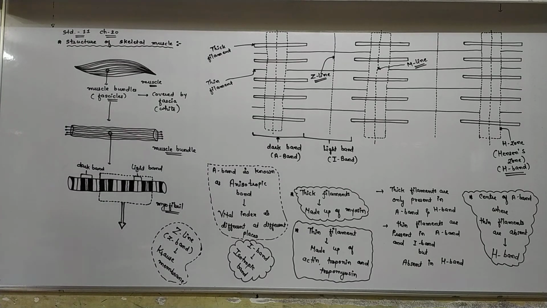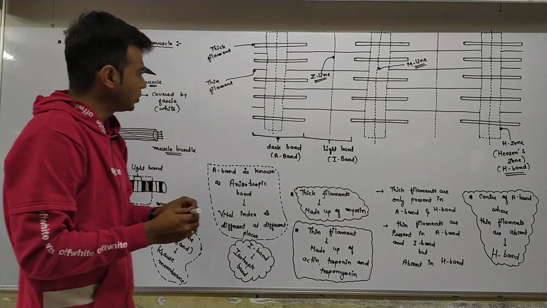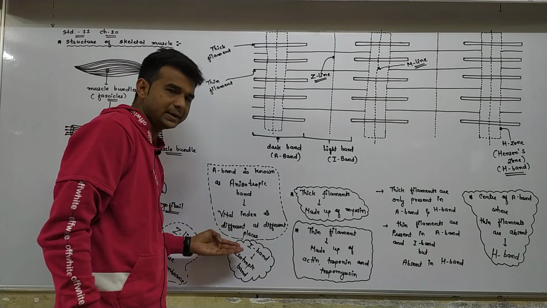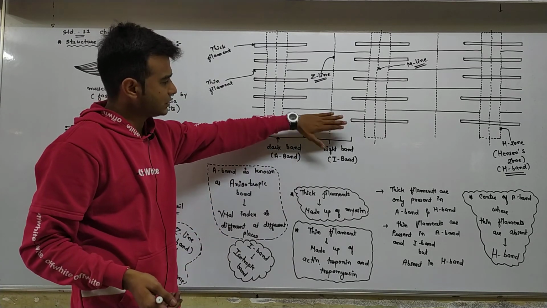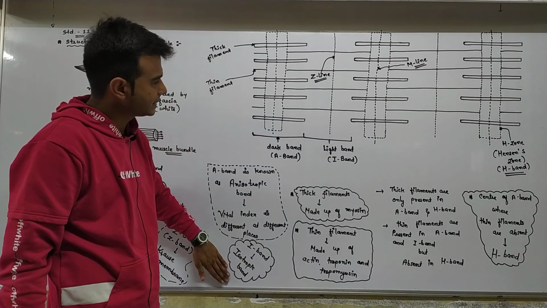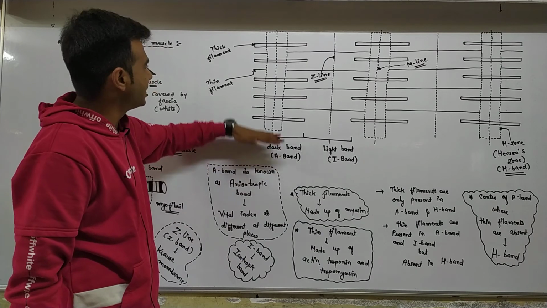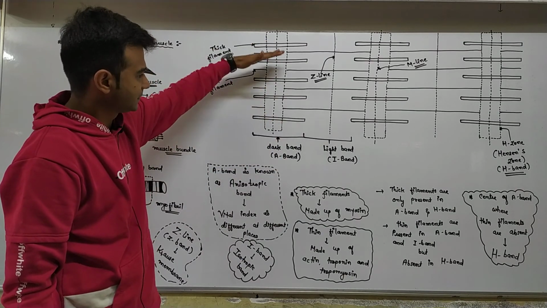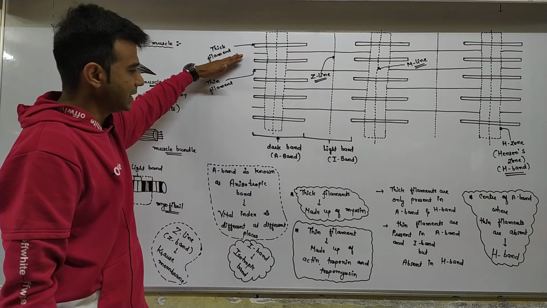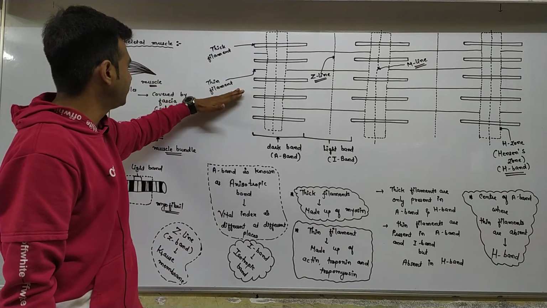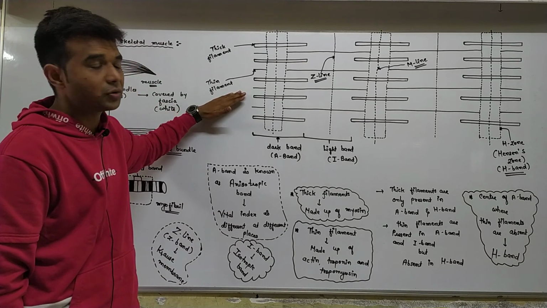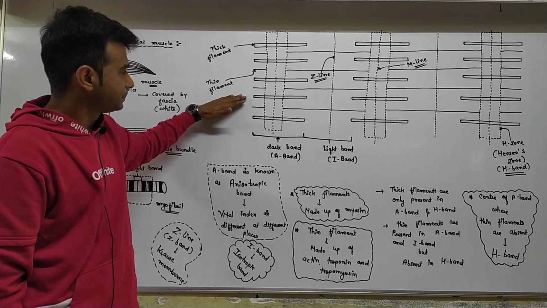Again, the dark band is known as A band. Why is it known as A band? We had discussed that. The light band is known as I band. Why is it I band? We had discussed it. The A band is made up of thick and thin filaments, both. Thick filaments are made up of myosin and thin filaments are made up of actin, troponin and tropomyosin.